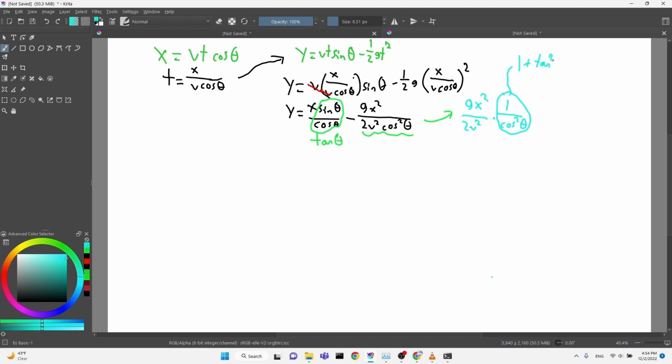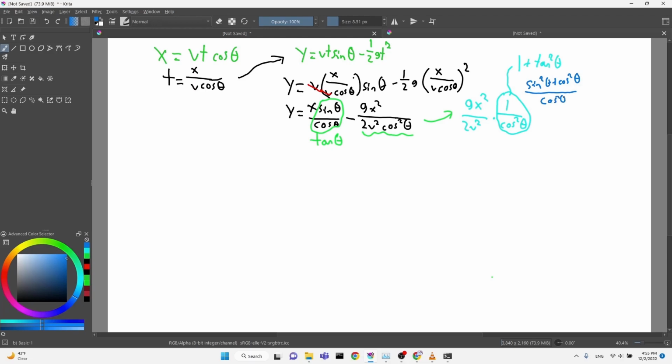And if you don't know this, the way you get it is, you know that sine squared plus cosine squared is equal to 1, right? So you have sine squared theta plus cosine squared theta, and then still over cosine squared theta, right?